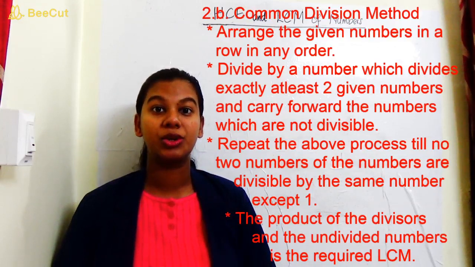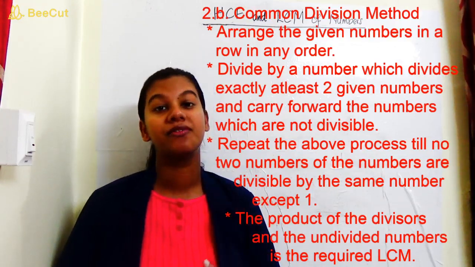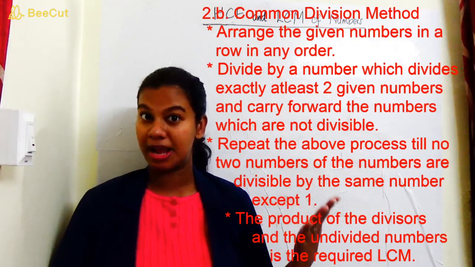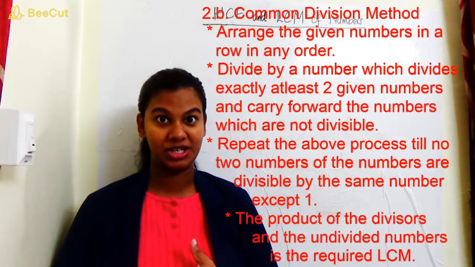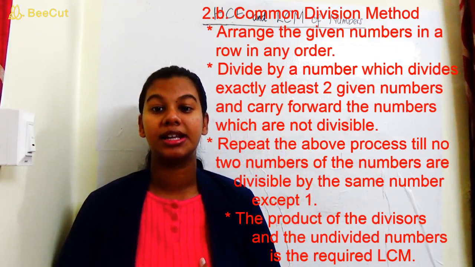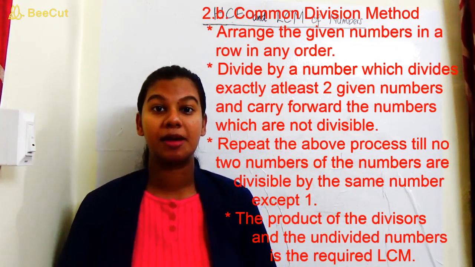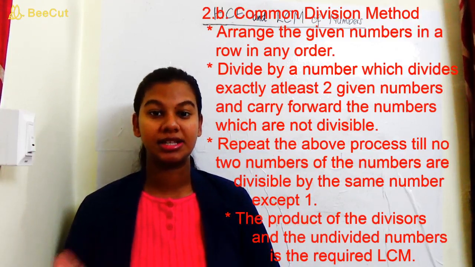And then, if any number is not divisible by that prime number, we can carry that number forward to the next stage. Then we repeat these steps until there are no two numbers divisible by a common prime number, except 1.